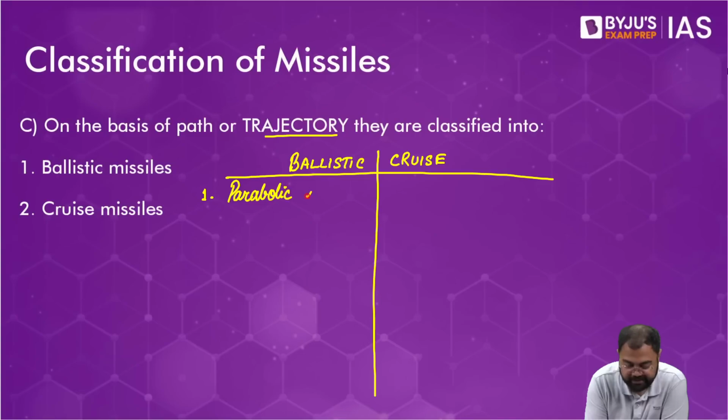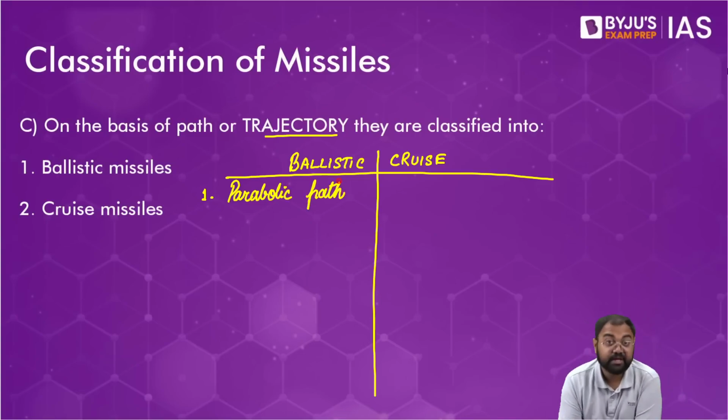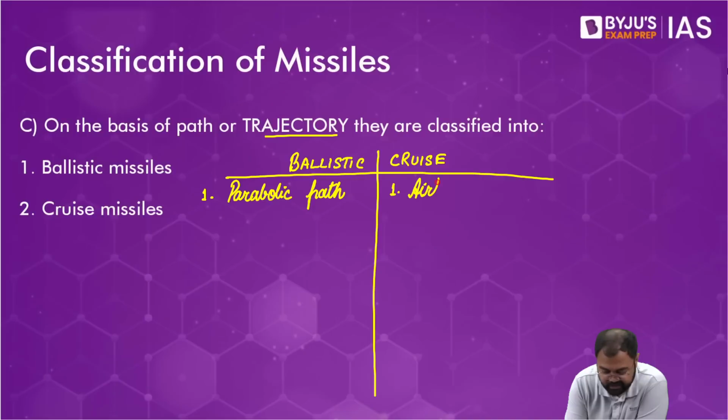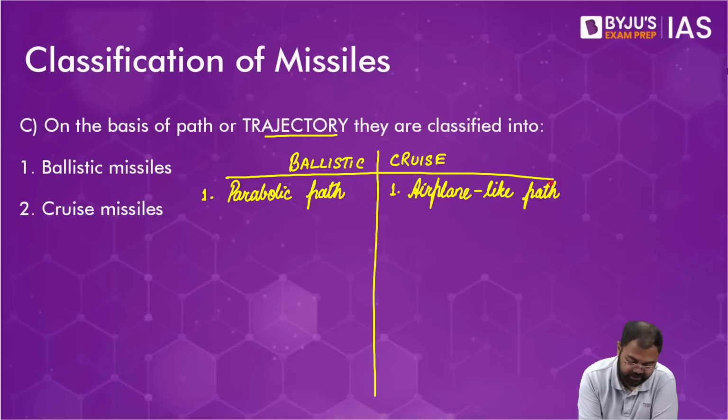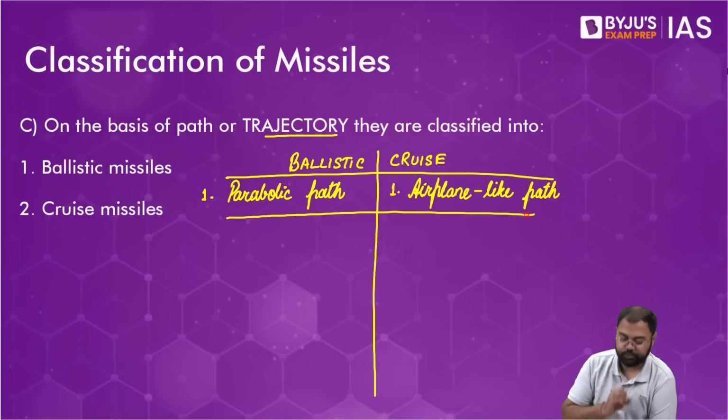On the other hand, cruise missiles have a path similar to airplanes, an airplane like path. So that's the first difference between the two.